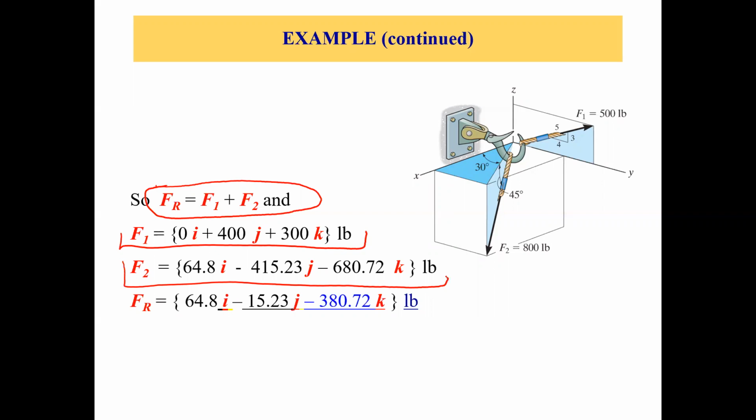So once you add these X, Y, and Z components, you'll get this. This is your vector FR, right? FR is 64.8i, negative 15.2j, and negative 380.7k. And always don't forget the units. This is compulsory, right? So this is required. So always put the units here.